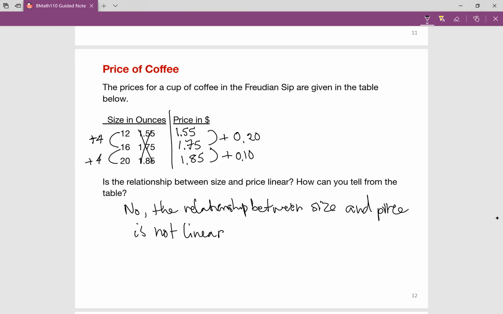In this problem, it's not linear because you see that the price is not increasing constantly, right?